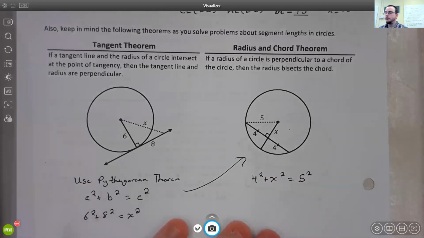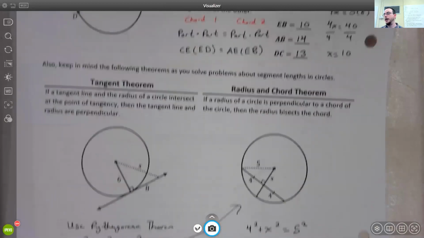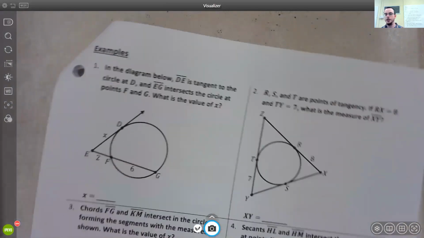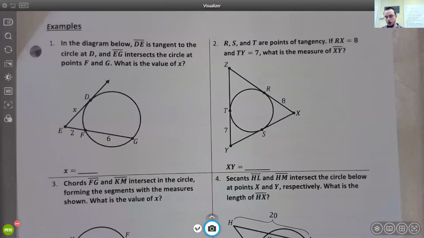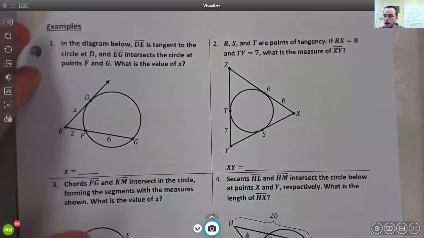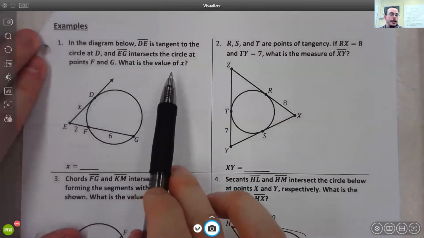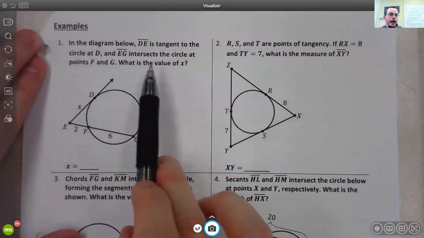Okay, so let's look at some examples of these various theorems here. The first thing you're going to want to check before you start is what type of segments, lines, or whatever else do I have in the problem, and then determine which is the correct formula for you to use. So in number 1, it says, what is the value of x?